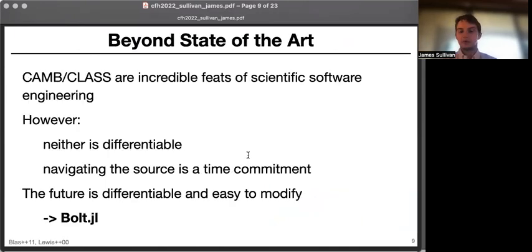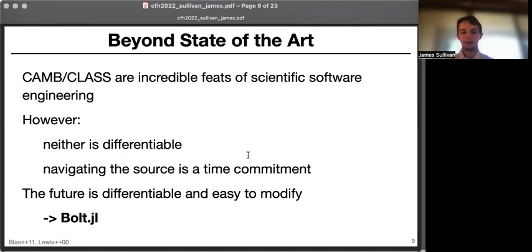So now we can finally zoom in on why we want a new Boltzmann code. CAMB and CLASS, the state-of-the-art Boltzmann codes, are, of course, incredible feats of scientific software engineering. A lot of people have worked very hard for many years to bring us a lot of great science with these codes. However, neither of these codes is differentiable, so they're susceptible to these issues of high-dimensional inference if we're considering model extensions.